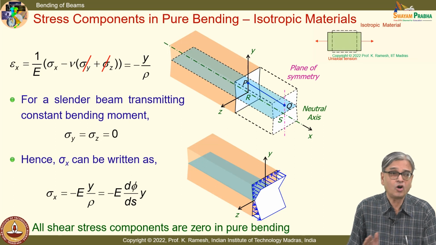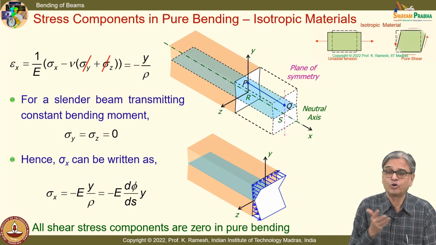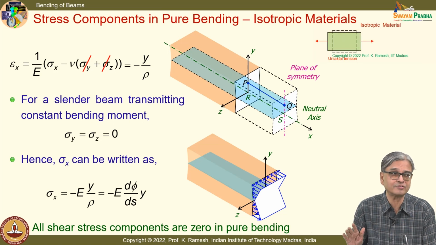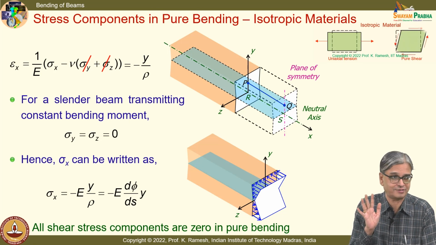And all shear stress components are 0 in pure bending. What we saw in the case of the torsion formula, when you have torsion transmitted by a circular shaft, all normal stresses are 0. We have carefully selected problems for discussion in this course.